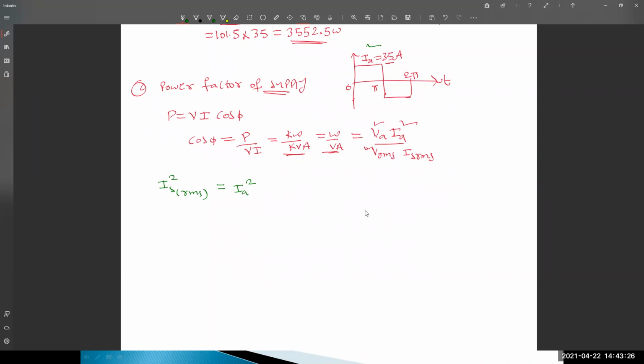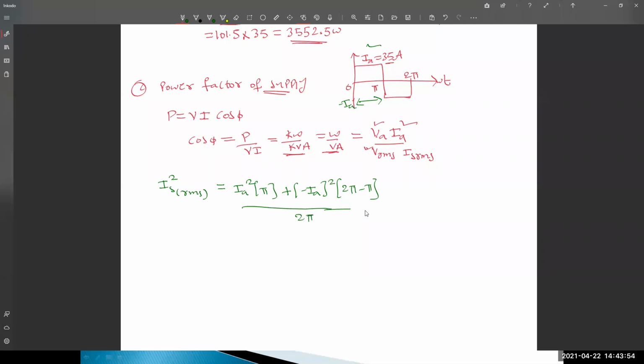What is the range here? Pi minus 0, that is pi. Similarly, here minus IA, so minus IA squared into 2 pi minus pi, for a time period of 2 pi.